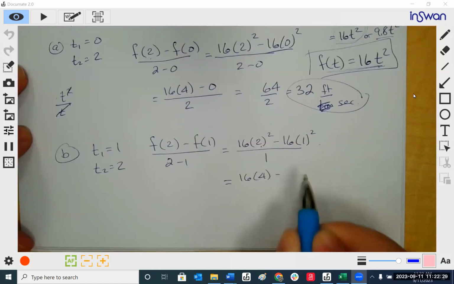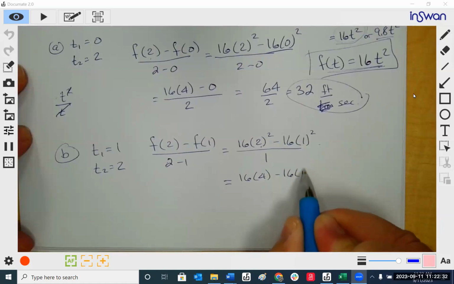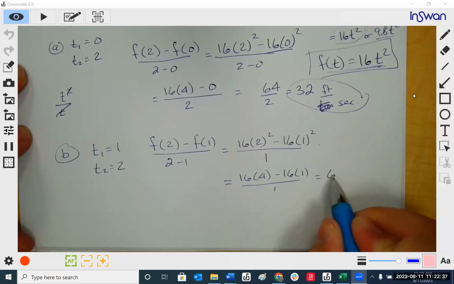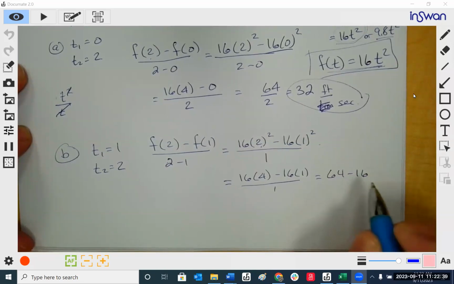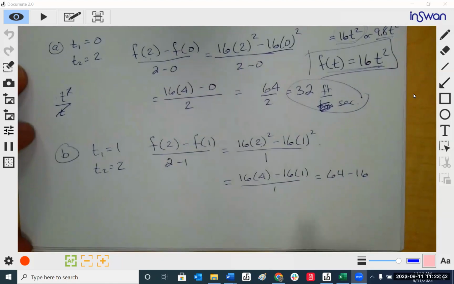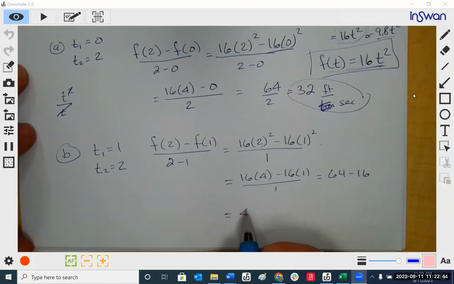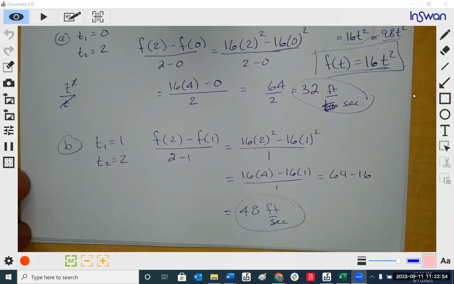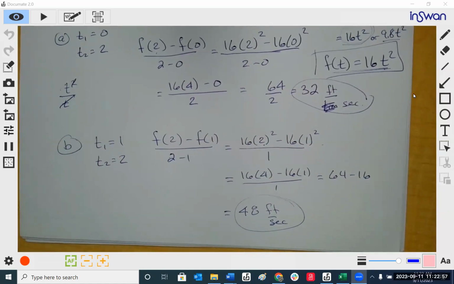Sixteen times 4 minus 16 times 1. 64 minus 16 equals 48 feet per second. That's the average speed.